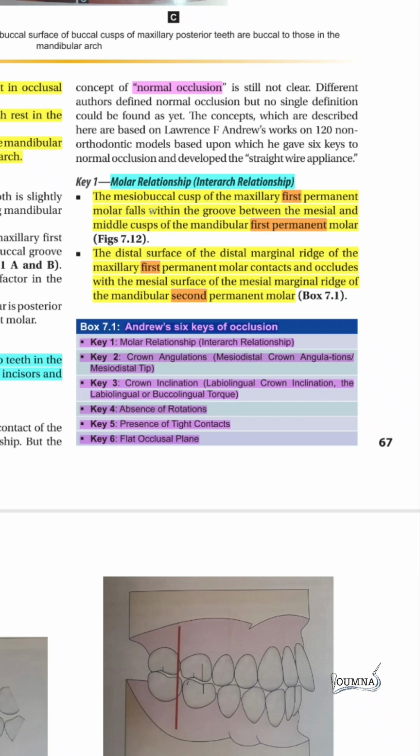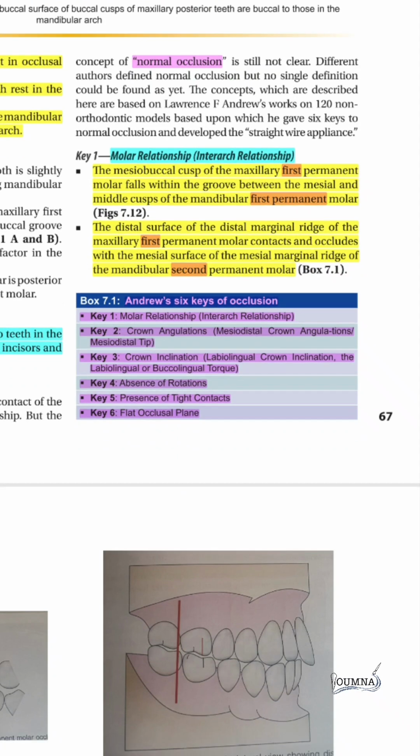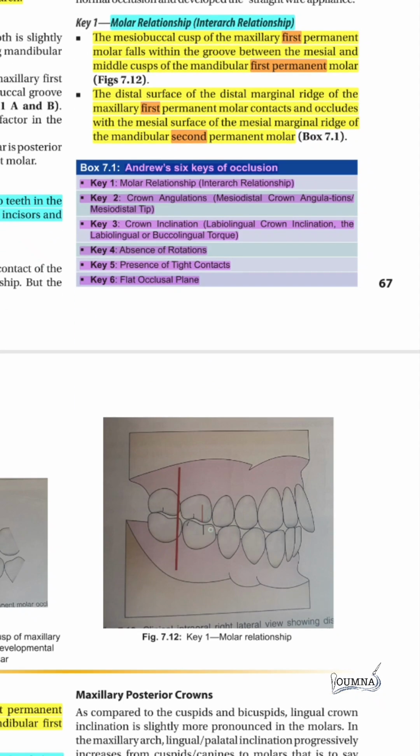The first one is the molar relation, which means that the mesiobuccal cusp of the first maxillary molar falls within the groove between the mesial and the middle cusps of the mandibular first permanent molar. This is the first aspect of the first key of Andrews.